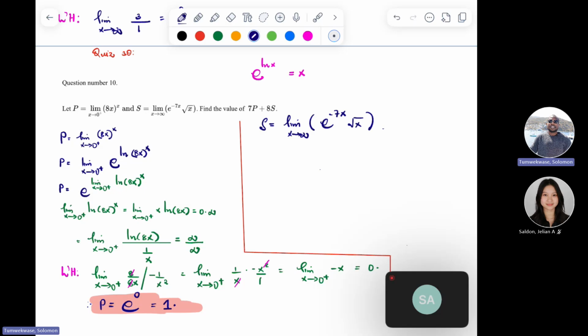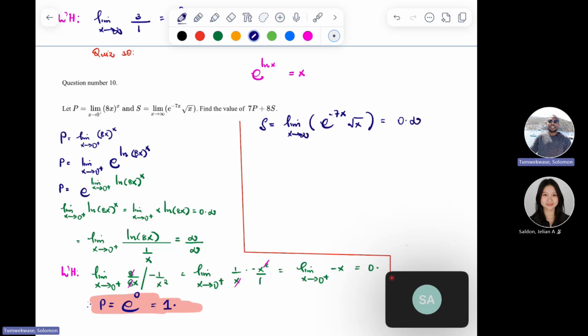That's what we want to find. And once again, if I take this limit directly, I'm saying that e to the power negative infinity, that is 0, right? And when I substitute infinity right here, square root of infinity remains infinity. So this is 0 times infinity.